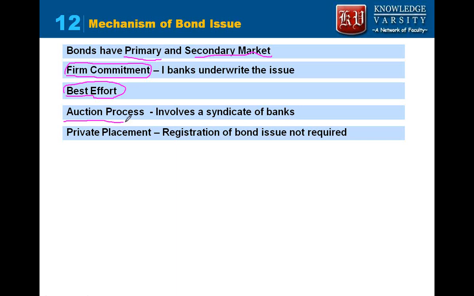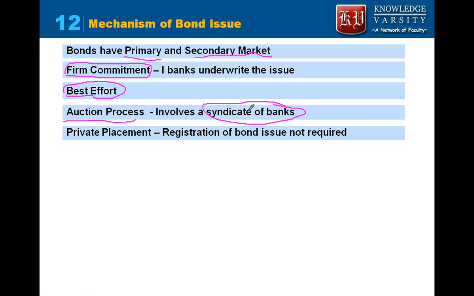You can have an auction process. In this, there is not one bank taking part in the issue, but you will have a syndicate of banks taking part in the issue, and this syndicate will buy the bonds.